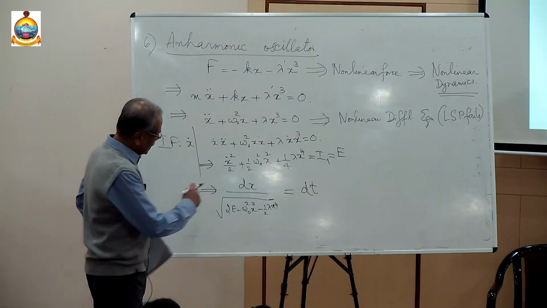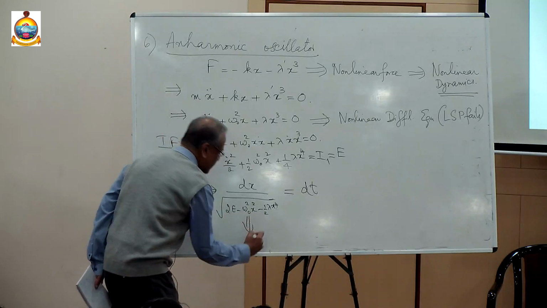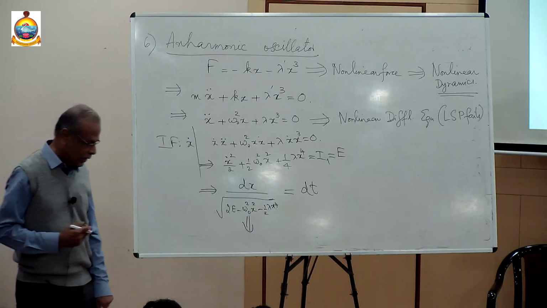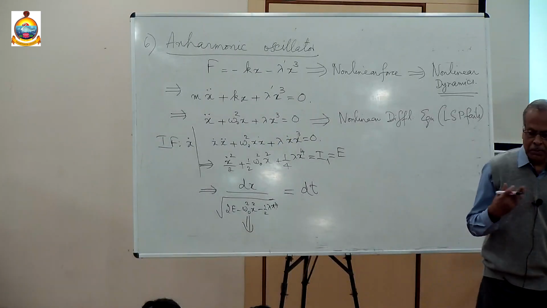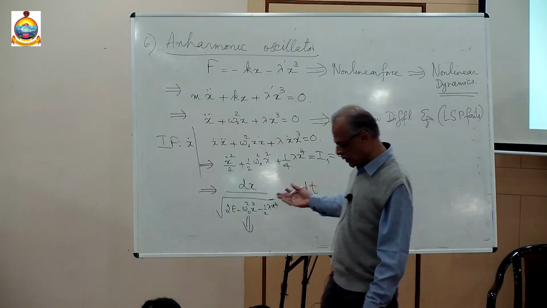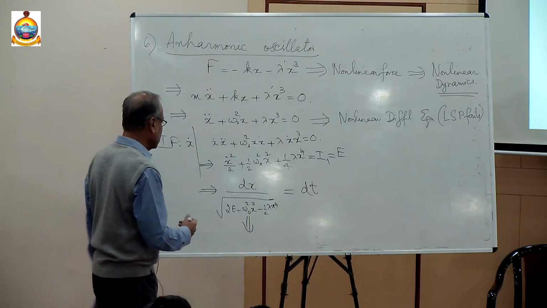There are several ways to define this function. I will not go into the details, but during the 18th, 19th century, many mathematicians tried to identify appropriate functions which solve this kind of integrals.